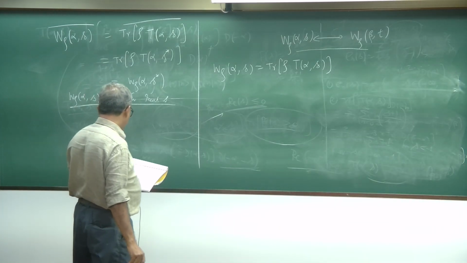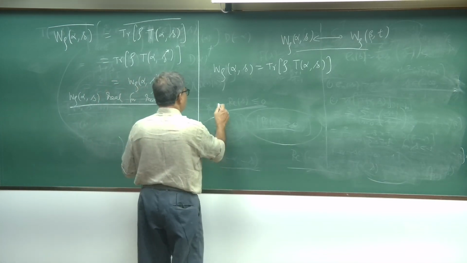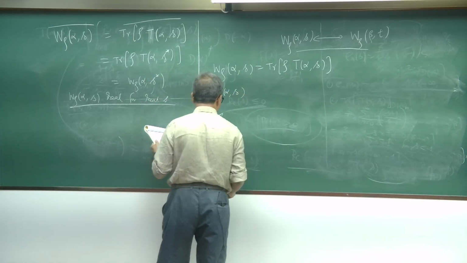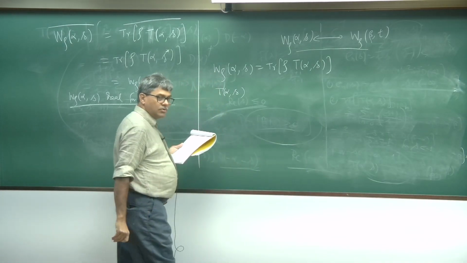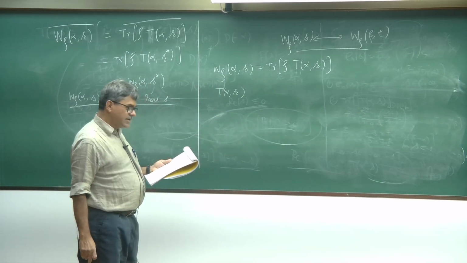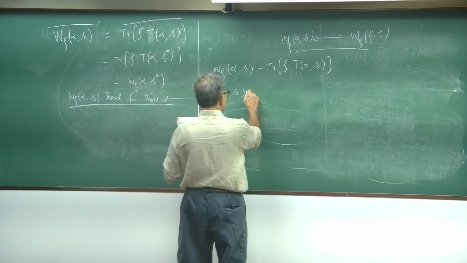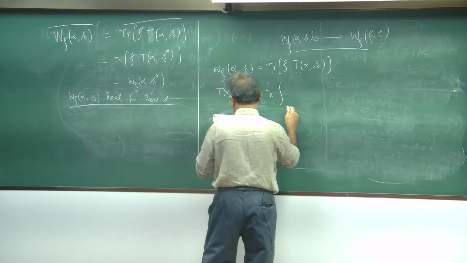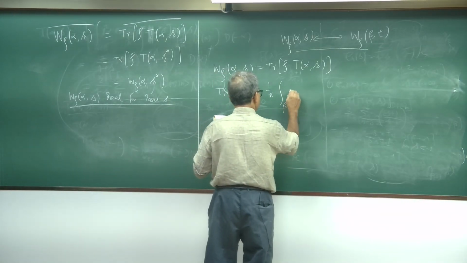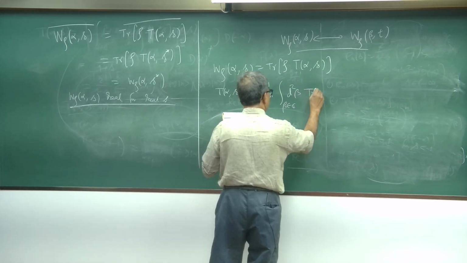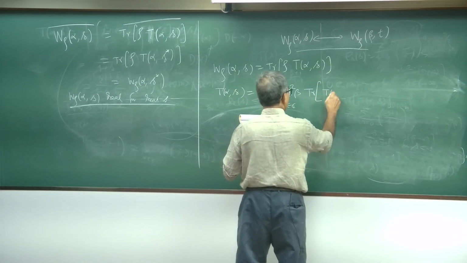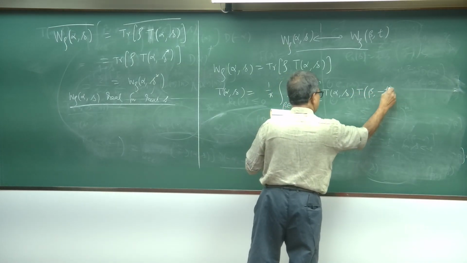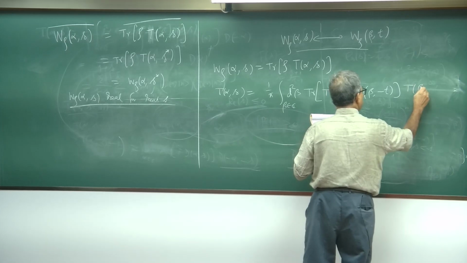Now T of alpha s is an operator, so in principle I can express it in terms of T of beta t also: 1 upon pi, integral over beta belonging to C, d square beta, trace of T of alpha s, T of beta minus t, and then T of beta t.